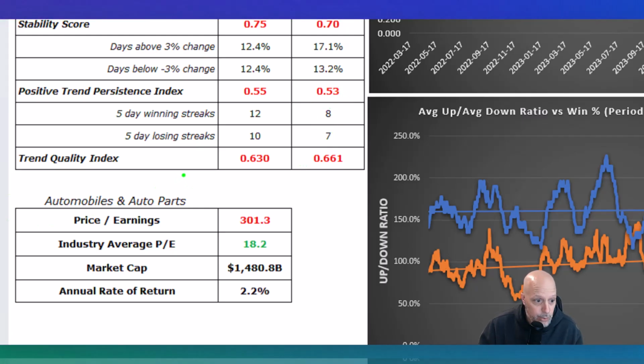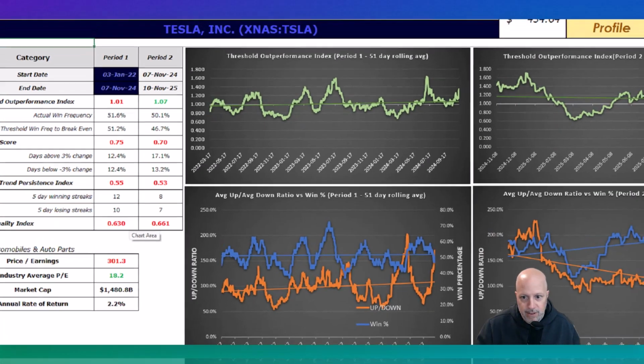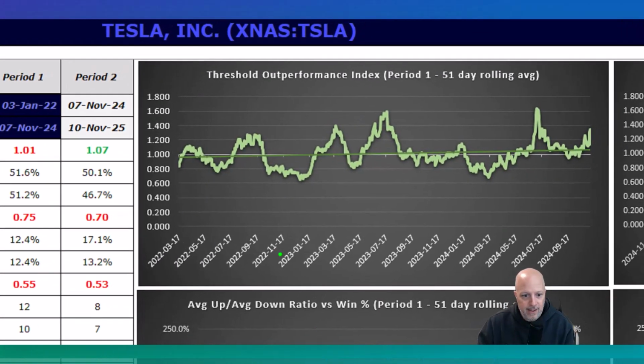Then we get to our trend quality index here. So basically, for this stat right here, we're going to have to dive into my chart up above. So let's remember the score of 0.63 right here. I'm going to escape out of here, and we're going to zoom into my chart. What's happening on this chart is I'm taking my threshold outperformance index that I did over here. You can see that was the first thing I examined on this spreadsheet, which gave us the 1.01 value.